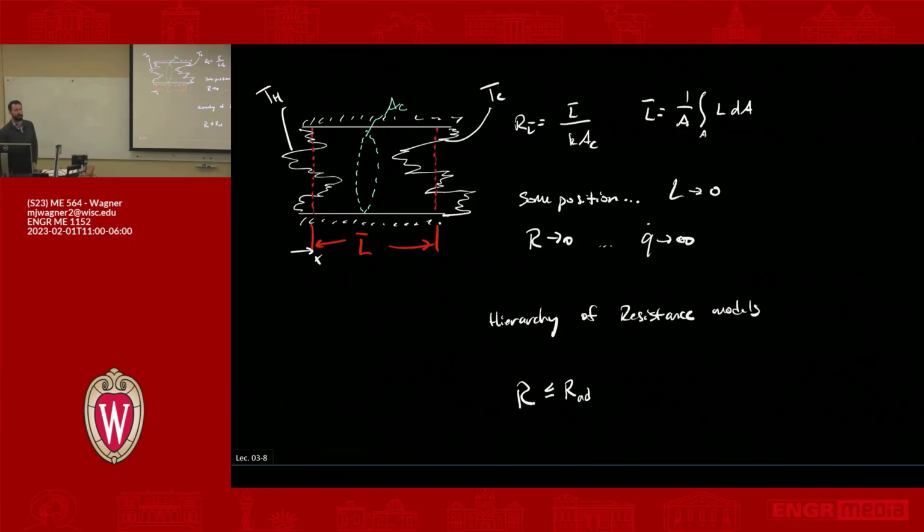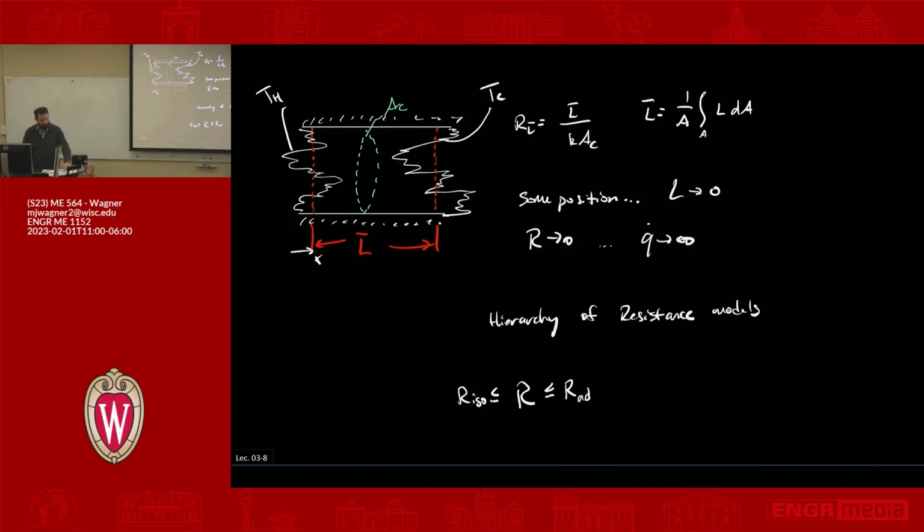What about the isothermal model, where all areas are immediately available? Is that over or underestimating? Exactly. So now we have R iso. But we have these other two models: the average length model and the average area model.